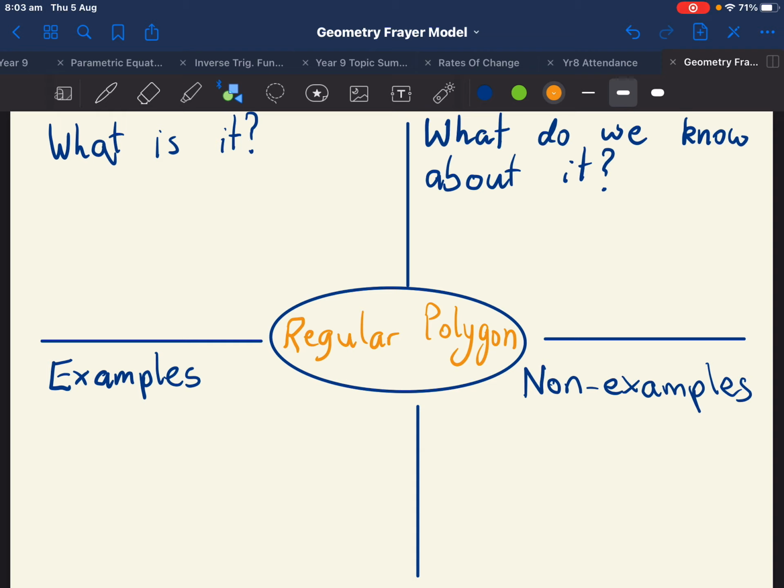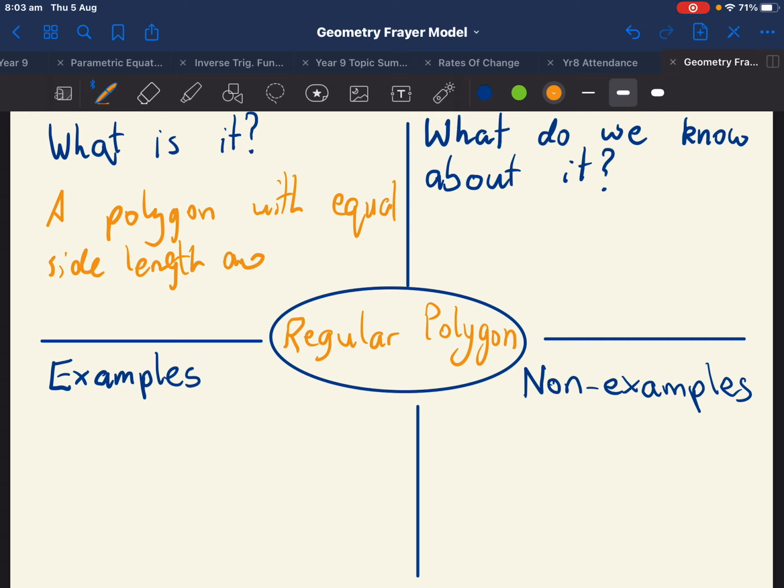Okay, so hopefully you've had a chance to go ahead and complete this. So what is it? It is a polygon with equal side lengths and angles.